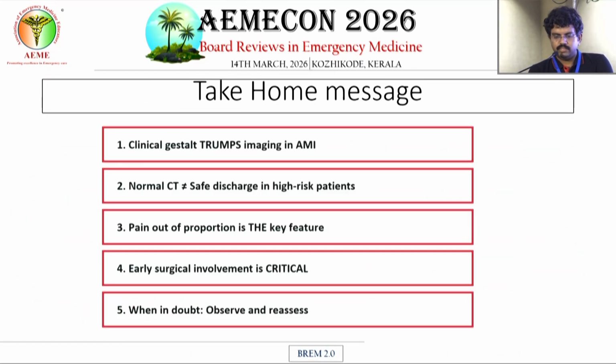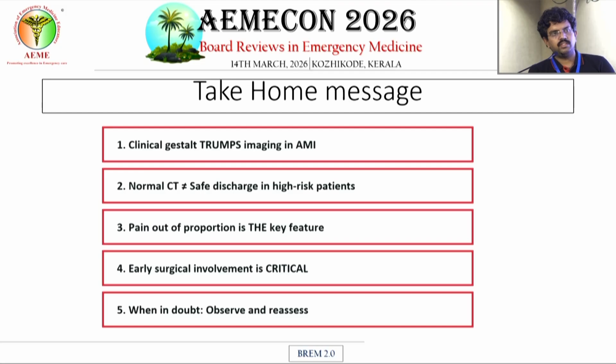So the take-home message is that clinical gestalt always wins in this case, and it is a surgical emergency which is underdiagnosed. If we diagnose, we can save the patient. I have recently seen one young patient, only 23 years old, who presented initially with hematochezia and later melena.